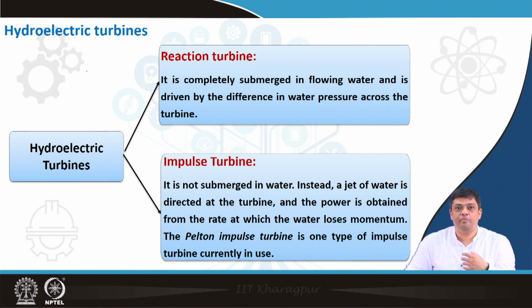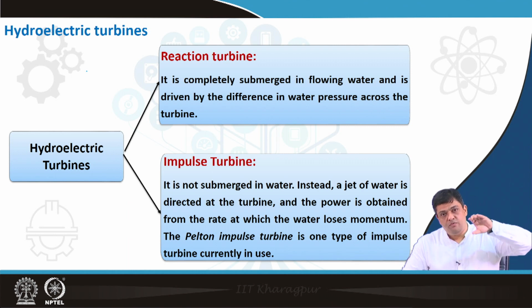The reaction turbines are completely submerged in the flowing water, and they are mostly driven by the difference in water pressure across the turbines, whereas the impulse turbines are not submerged in the water.